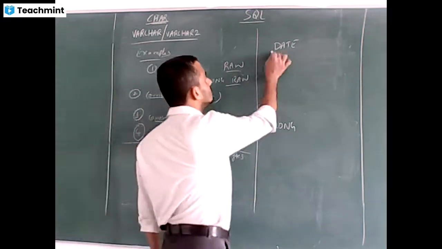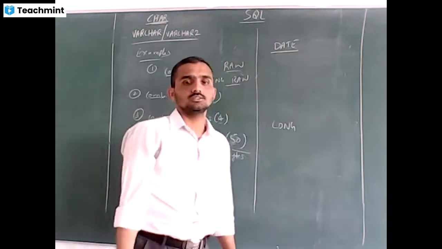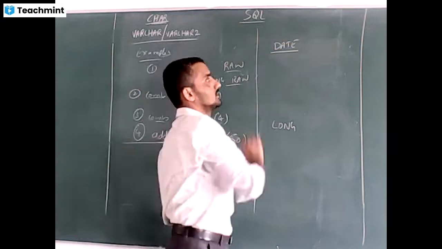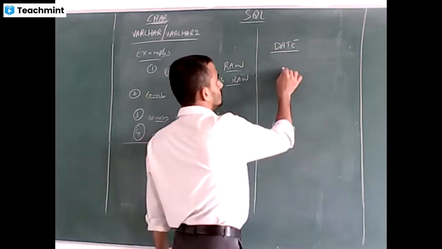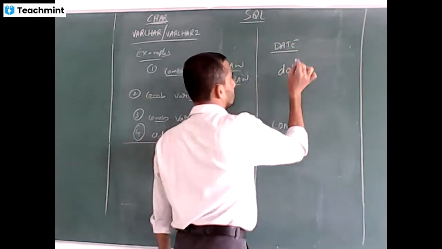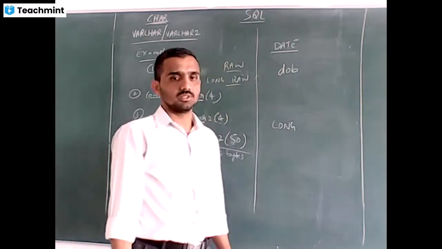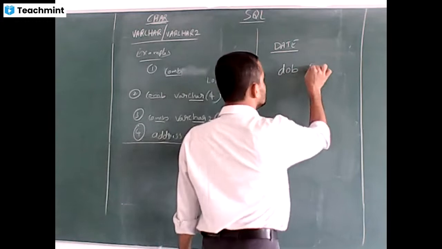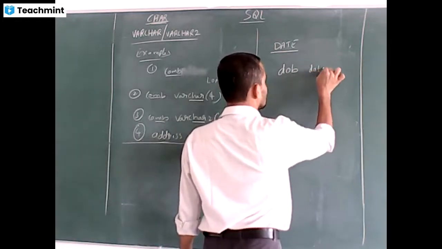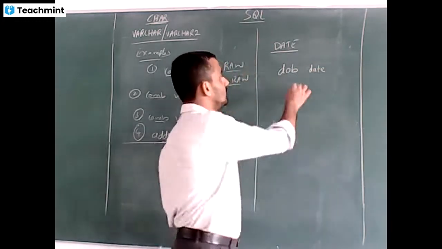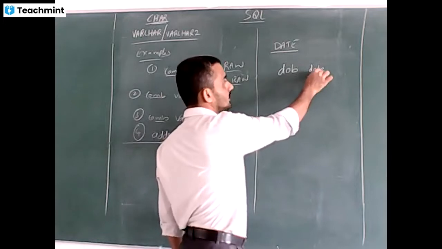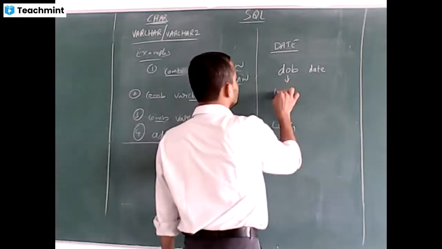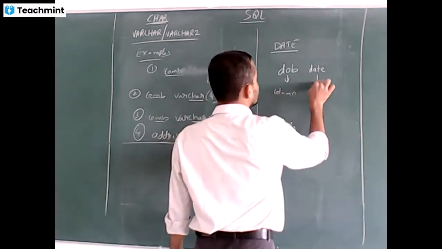When you are storing data in a date format in the database, then you have to use date. For example, if the column name is DOB, date of birth, you have to write the data type date after it. DOB is the column name and date is the data type.